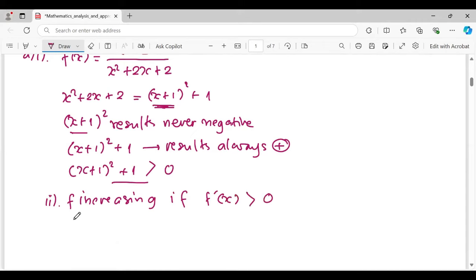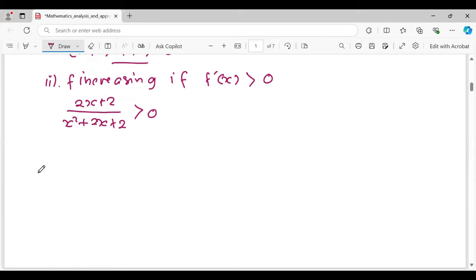So (2x + 2) over (x squared + 2x + 2) is greater than 0, so it becomes 2x + 2 greater than 0. 2x greater than negative 2, x greater than negative 1.